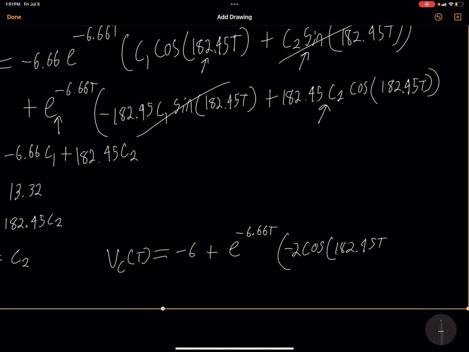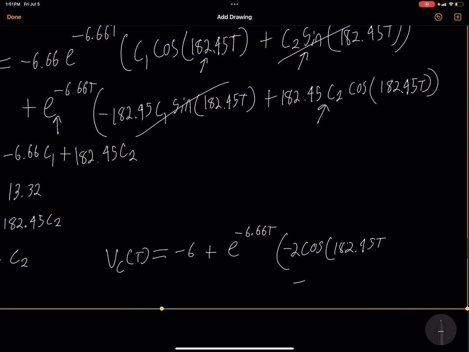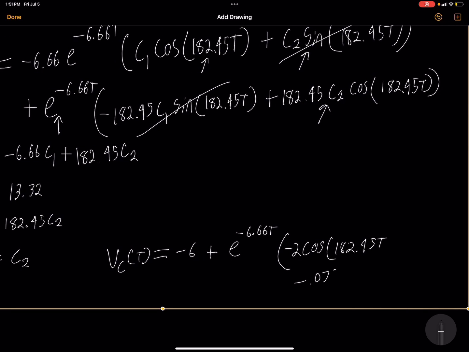Oh, this is going to look not the best. Minus 0.073 sine of 182.45 t. This doesn't look good written like this, but this is the answer.